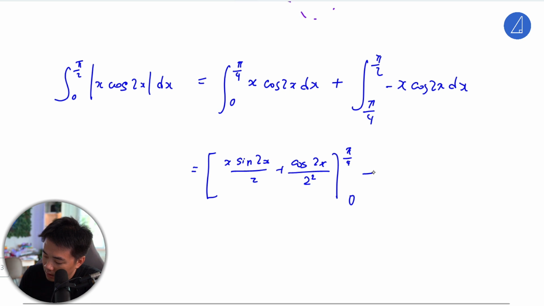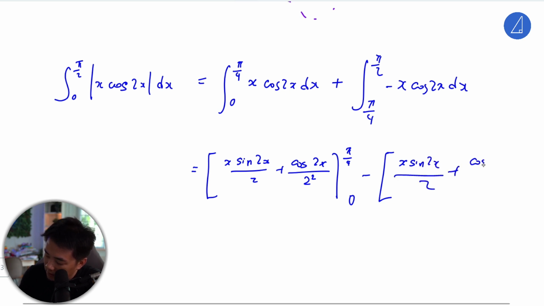Plus, I can put a negative outside if I want to, then I copy the same function from the first one: plus cosine 2x over 2 squared, from pi over 4 to pi over 2.